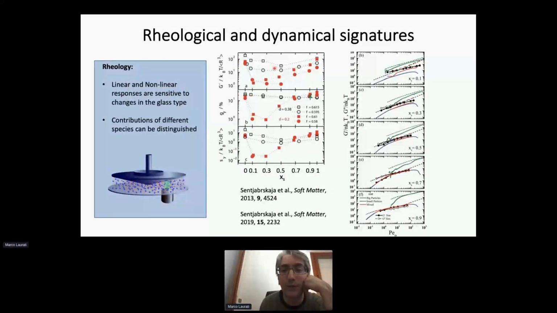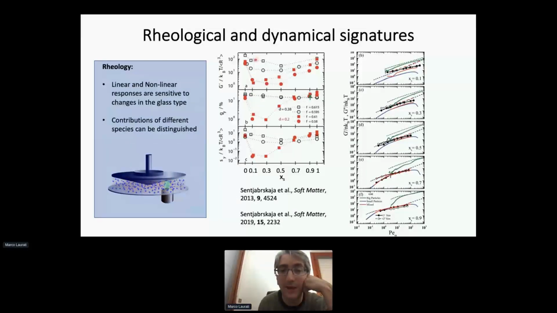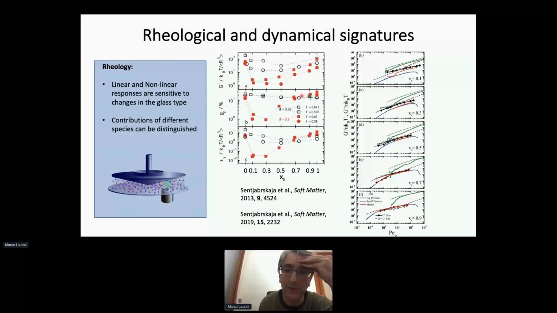Here is an example again from our mixtures with different size asymmetries, in which by investigating the linear moduli or the yield stresses and strains, we could clearly see a transition between different glass states composed by mostly large and mostly small particles, and the melting associated with this transition.